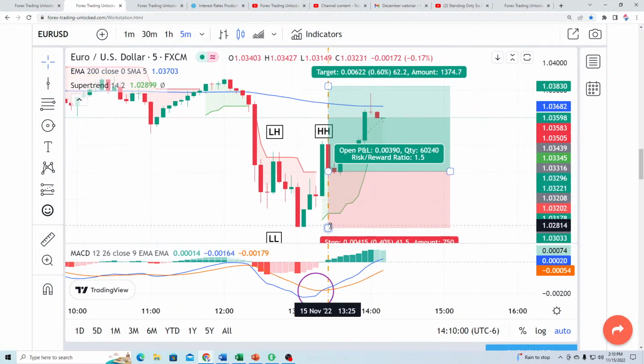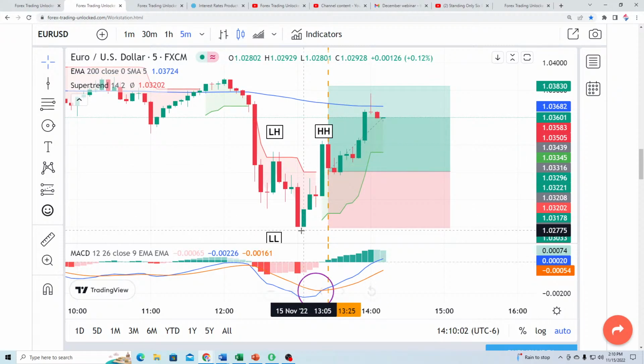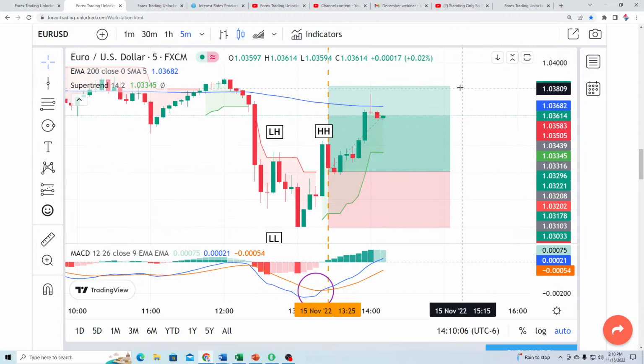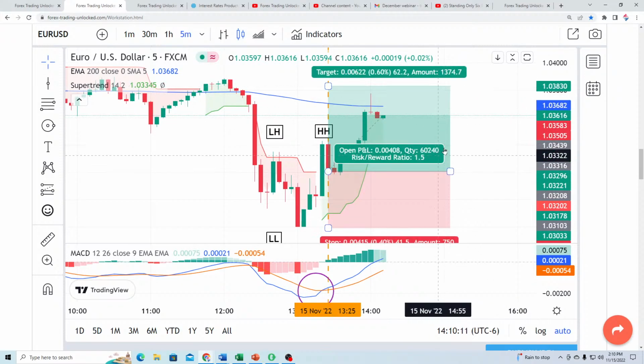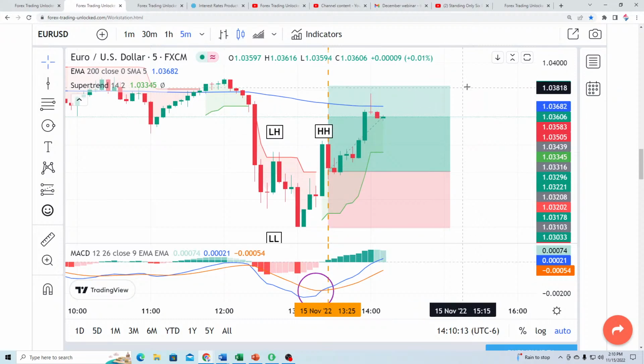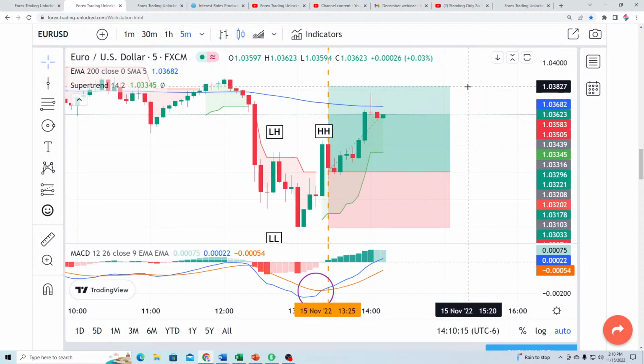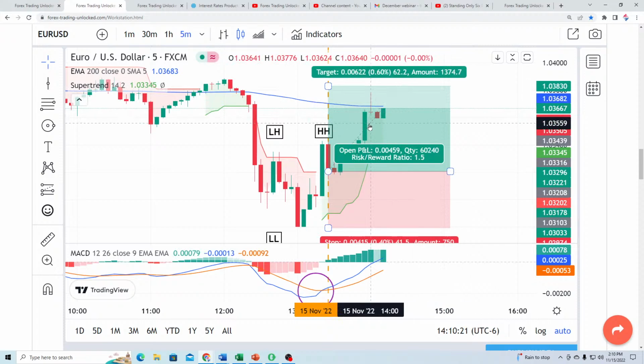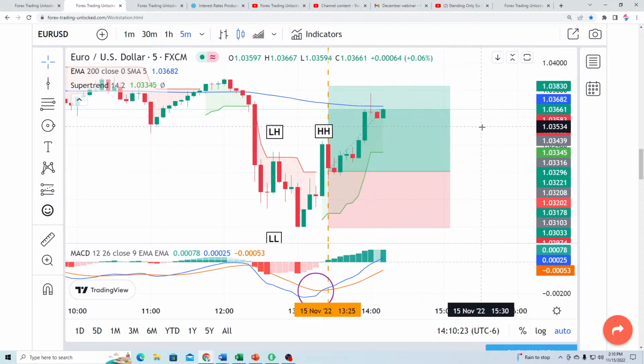And the key is that you pull down, you know that where your entry is here, your risk is this past low previously here, and your upside target is 1.5 times the risk that you put on. And right now the market is trading at 103.61, and it needs to get to 103.83, and it's already gotten up to 103.77, so it's pretty close to getting up to that area right now in the euro US dollar.